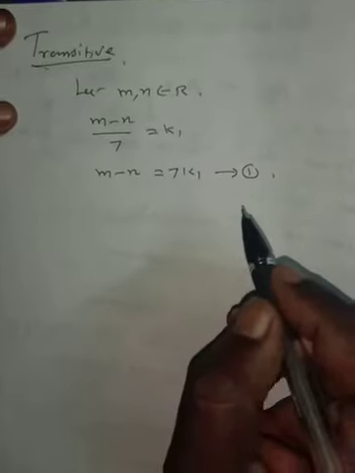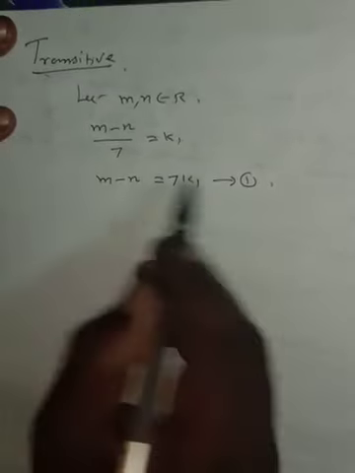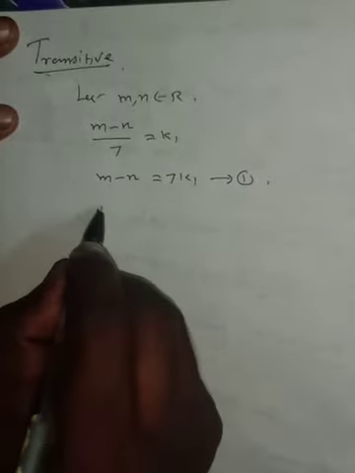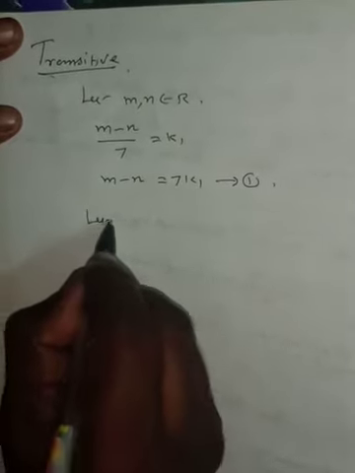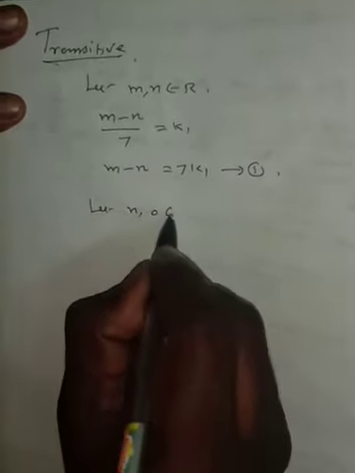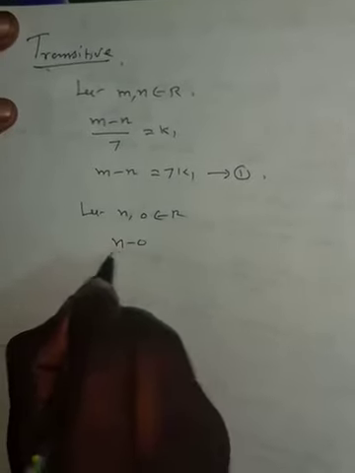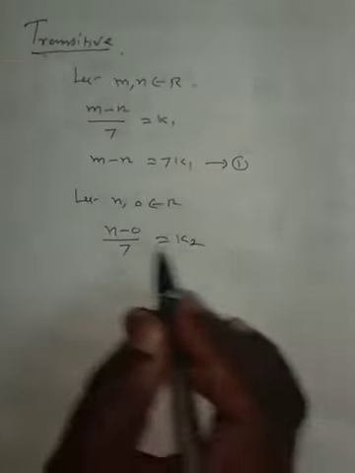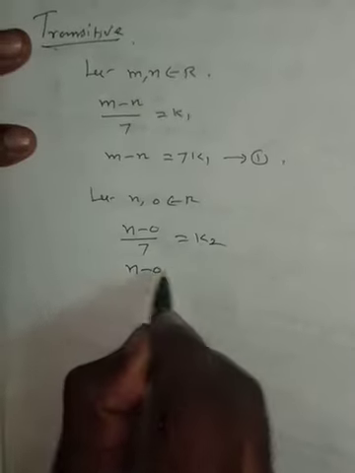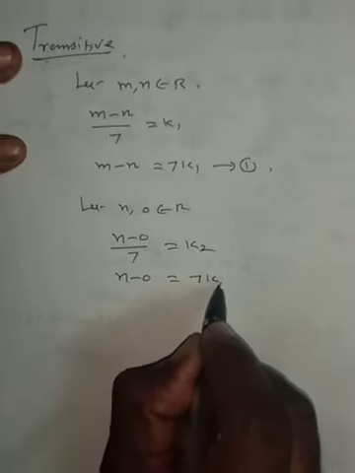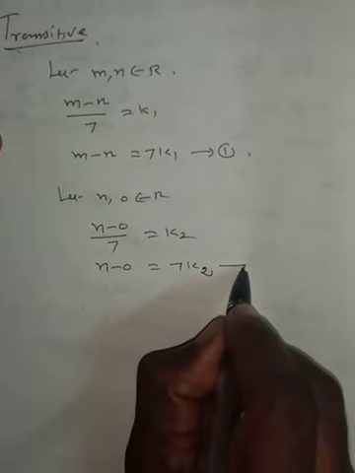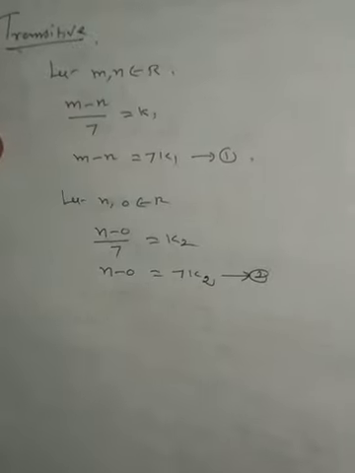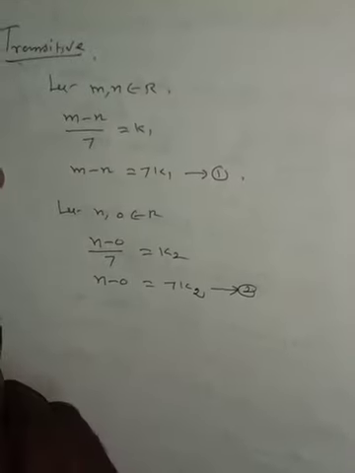Next, let n, o belong to R. So n minus o divided by 7 is equal to another constant k2. So n minus o is equal to 7k2. Number this as 2.